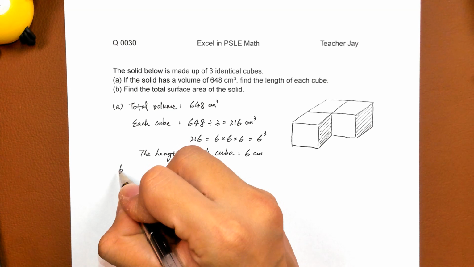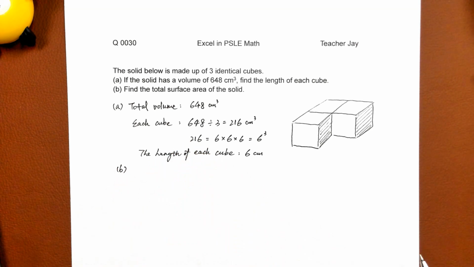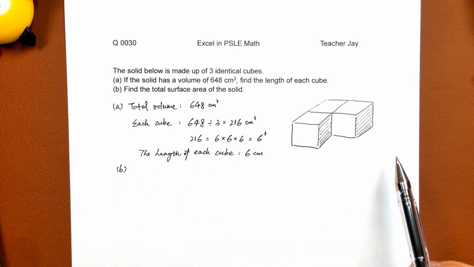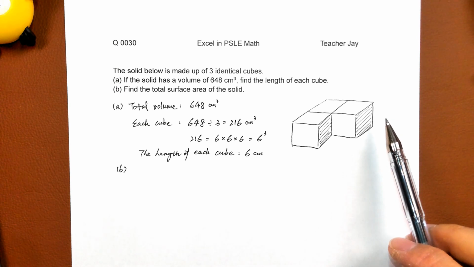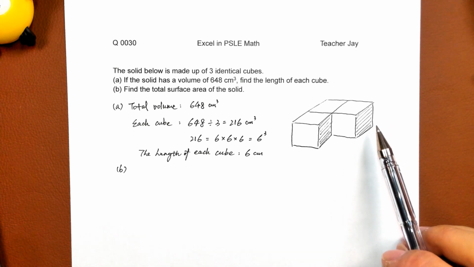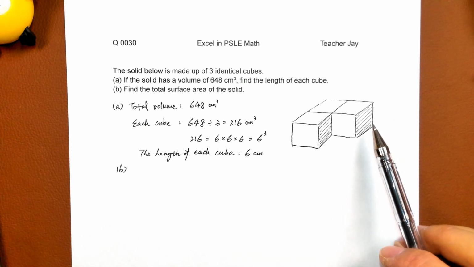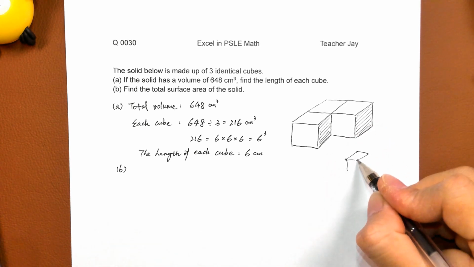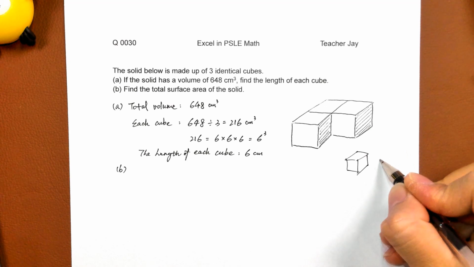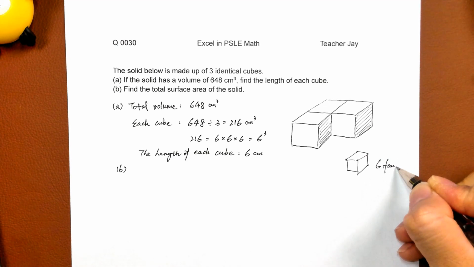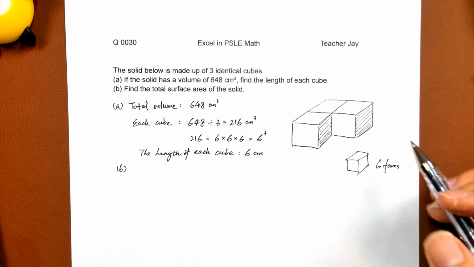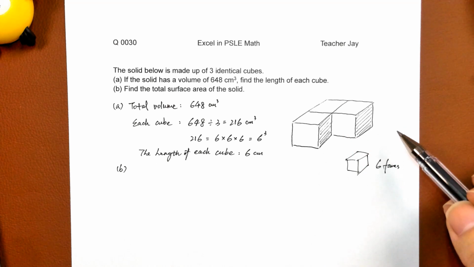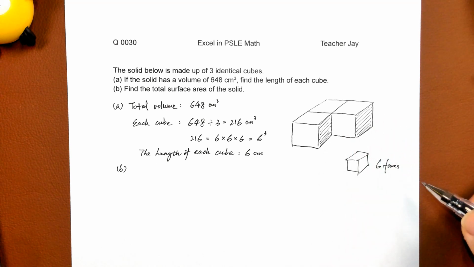Okay, part B. The 3 cubes, in their separate cases, have a total of 18 faces, because each cube has 6. So if they are separated, total will be 18 faces.